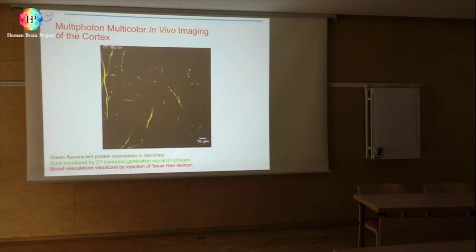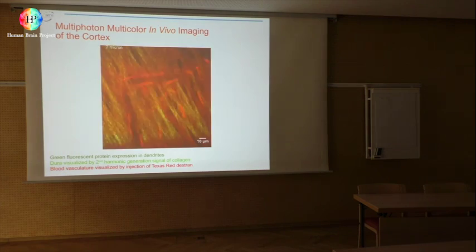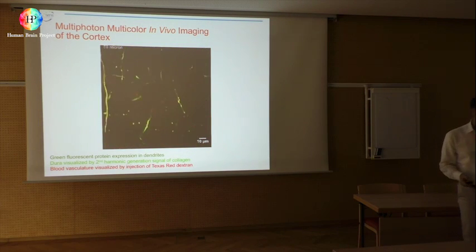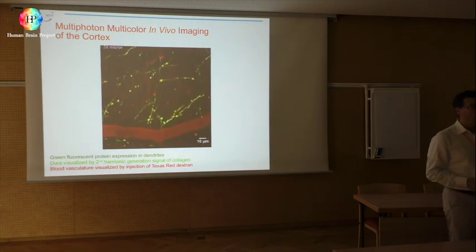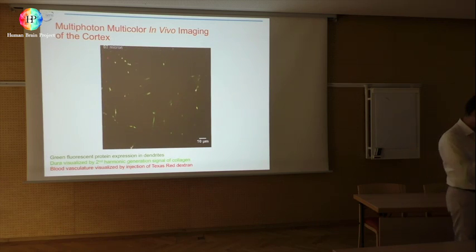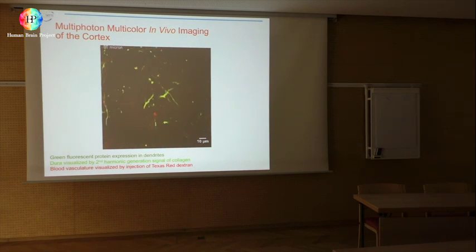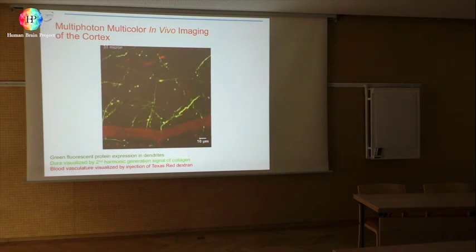And this is an image, for example, done at a different depth, where you can see it's a transgenic mouse. So first of all, it expresses the green fluorescence protein in neurons, okay? This is a GFP-M transgenic mouse. Only 4% of the neurons are labeled with GFP.